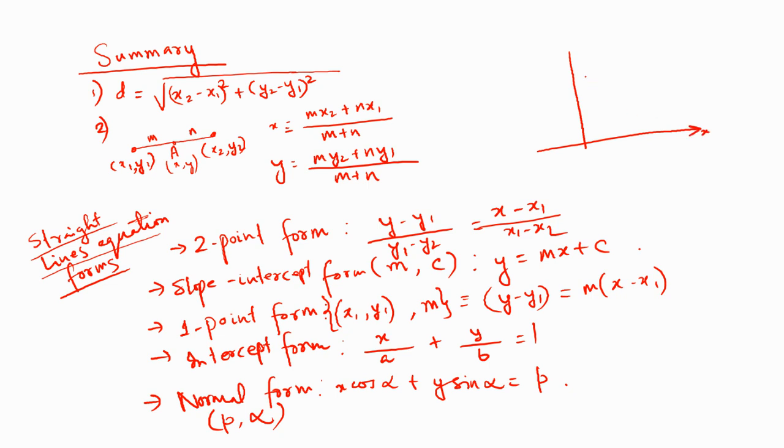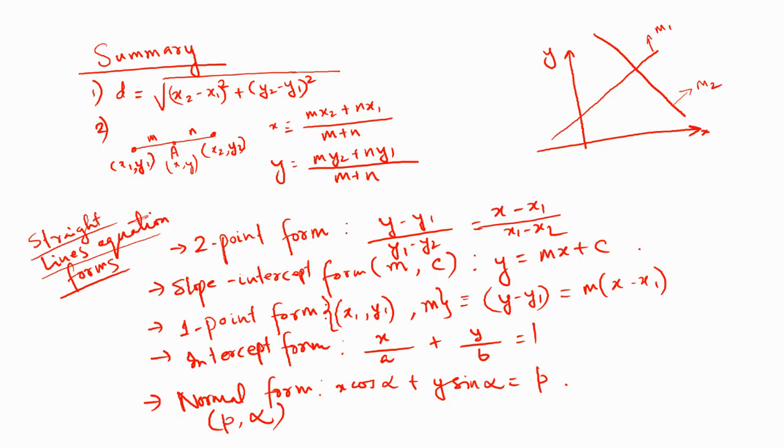Let's say you have the same xy axis and you have this straight line, which is at a slope m1. Let's say you have another straight line like this, which is at a slope m2, but this is perpendicular. So these two lines are perpendicular to each other basically.